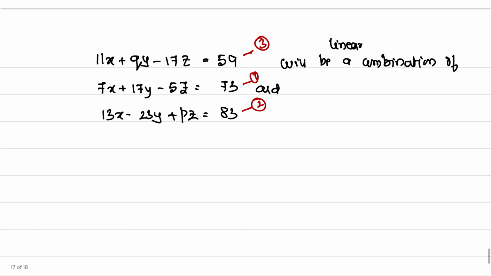That means equation 3 is equal to some s into equation 1 plus, because it is a linear combination, t into equation 2. We don't know what s and t are. This is what linear combination means.